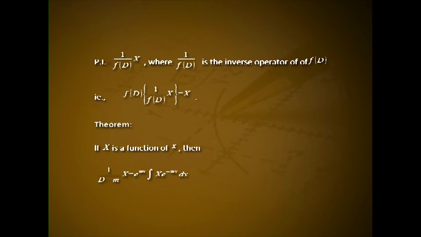Theorem. If X is a function of x, then 1/(D-m) of X is equal to e^(mx) times the integral of X e^(-mx) dx. Proof. Let 1/(D-m) of X be equal to y. Operating both sides by D-m, we have (D-m) of 1/(D-m) of X is equal to (D-m) of y, which implies X = Dy - my, which implies dy/dx - my = X, which is a linear differential equation.